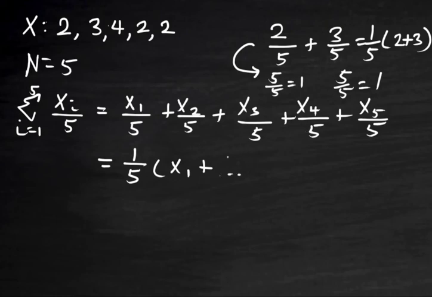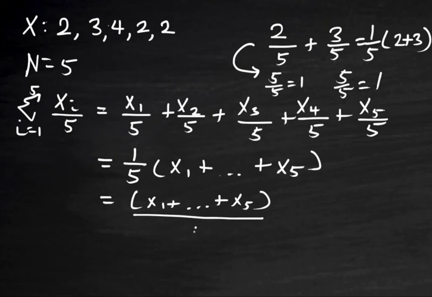That just basically means all the values in between x1 to the last value, so x1 plus dot dot dot plus x5. And you can also write this as x1 plus dot dot dot plus x5 divided by 5. It's purely up to you. I like to use this form for expectation typically.